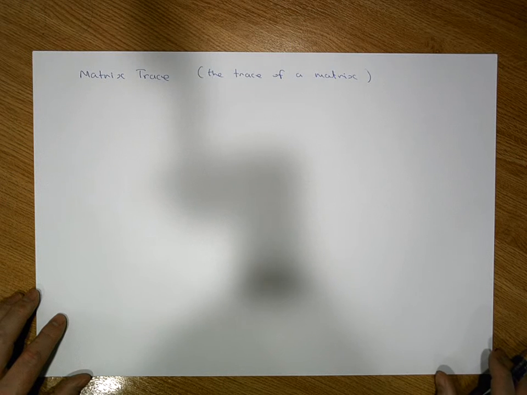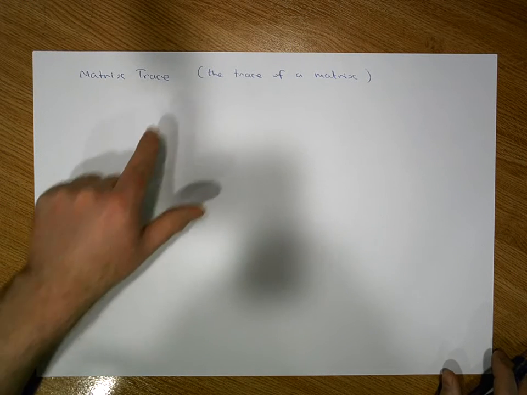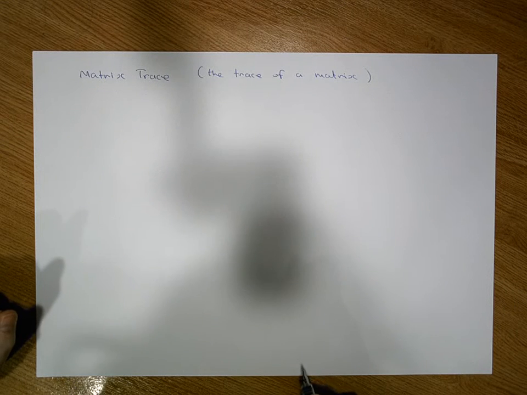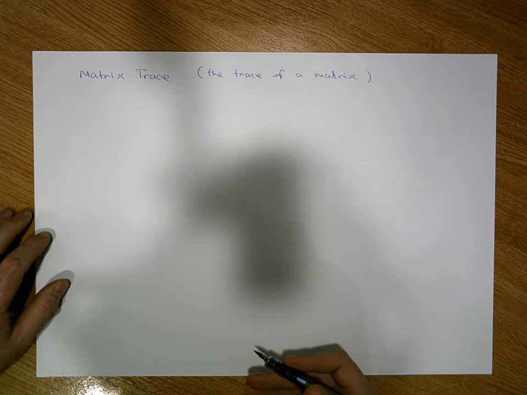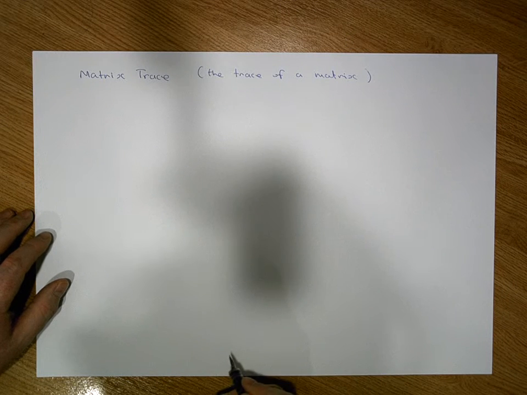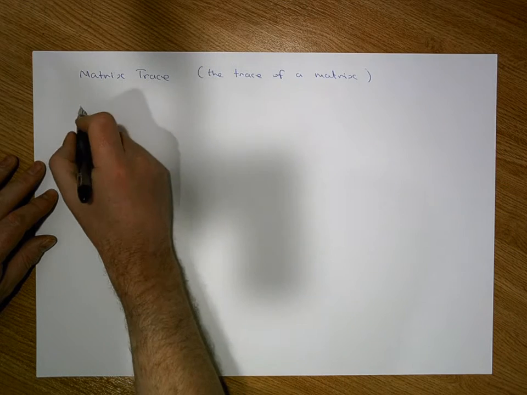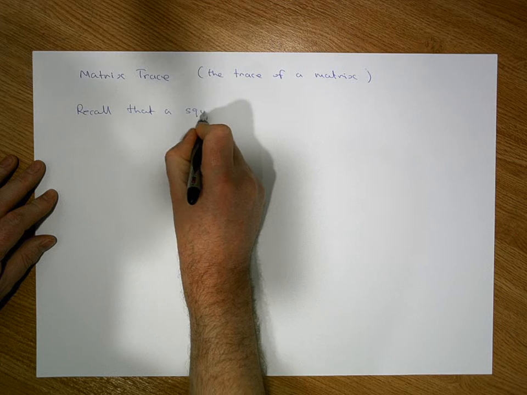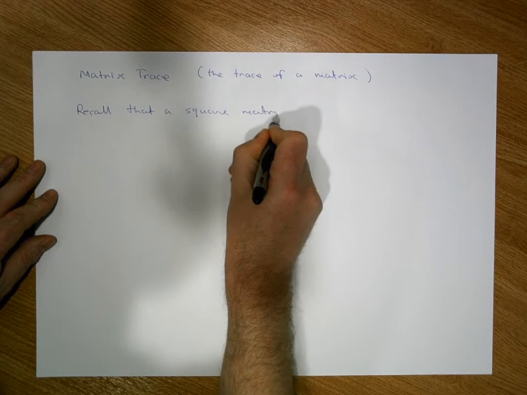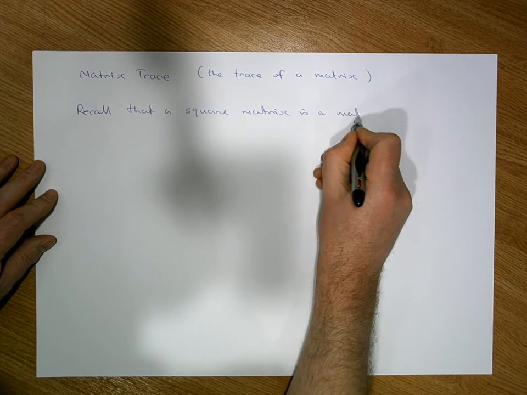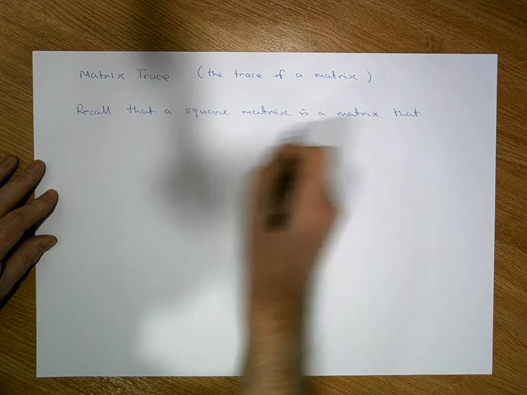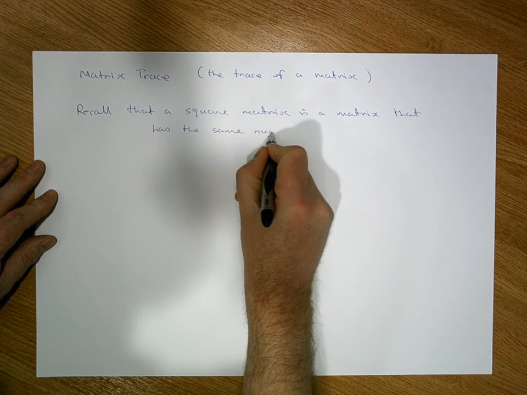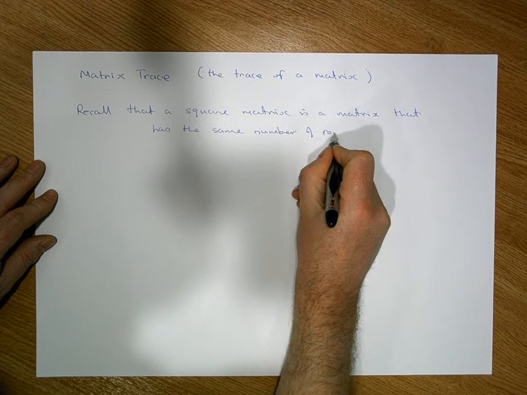This short video is going to deal with how to calculate the trace of a matrix. What's important in calculating the trace of a matrix is that we can only calculate the trace when the matrix is a square matrix. And just recall that a square matrix is a matrix that has the same number of rows as columns.